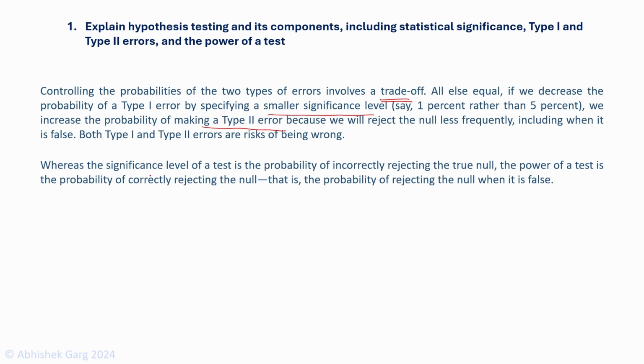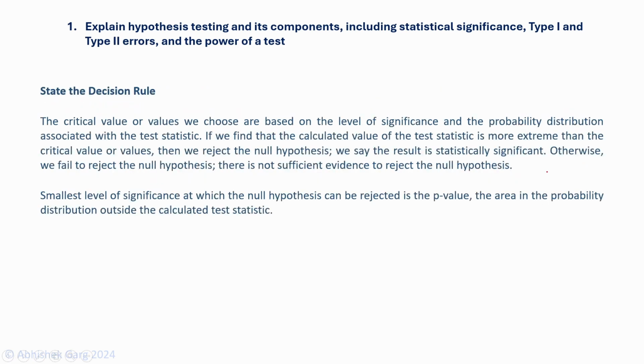Now, the significance level of a test is the probability of incorrectly rejecting the true null hypothesis. The power of a test is the probability of correctly rejecting the null. That means the probability of rejecting the null when it is false, that is called the power of a test.